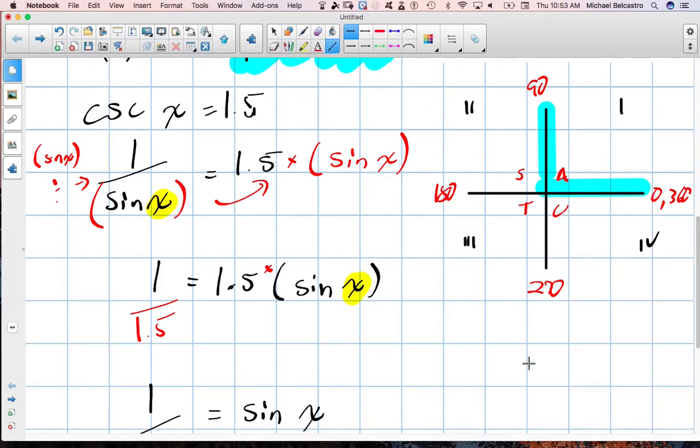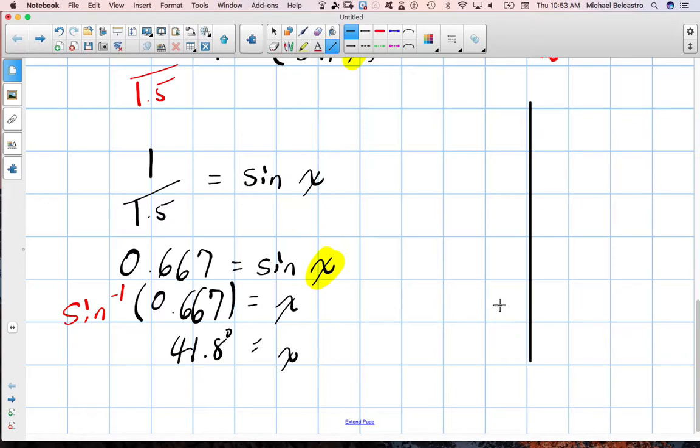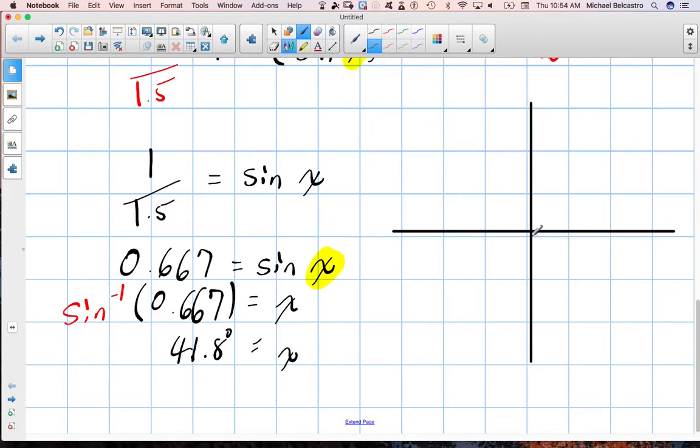So I'm going to draw this diagram one more time, a little larger. I'm going to focus on quadrant 4 here. We need to take this angle from the horizontal line, think of it like the x-axis, and we're going to create an angle that is 41.8 degrees. Kind of looks like an angle of depression right now. And we're going to create a right angle triangle.